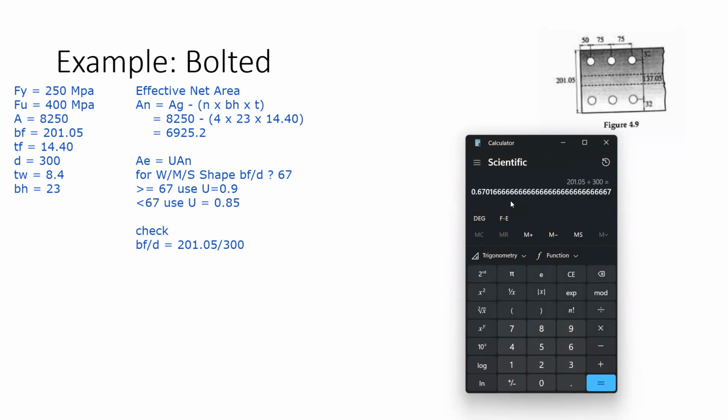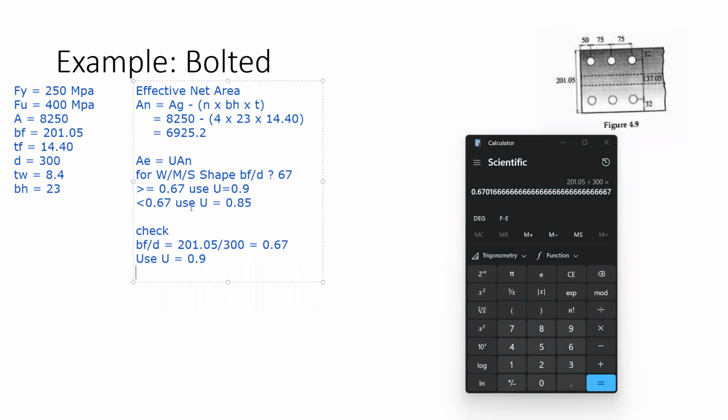That is 0.67. Sorry, correction. This is 0.6701, or that is 0.67. Sakto.